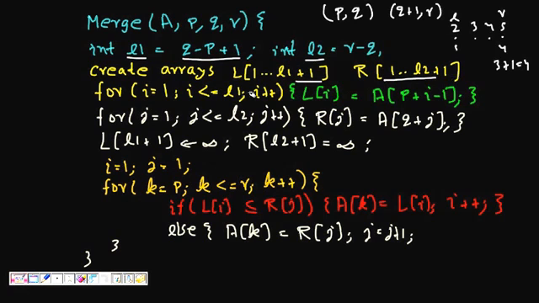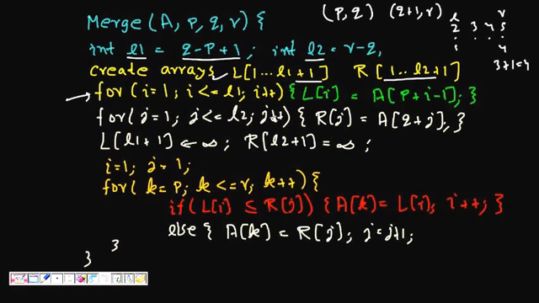Okay, so now we copy from array A into L. We copy the left part in the L array and we copy the right part of the array in R. So we copy the left part in L and the right part in R.